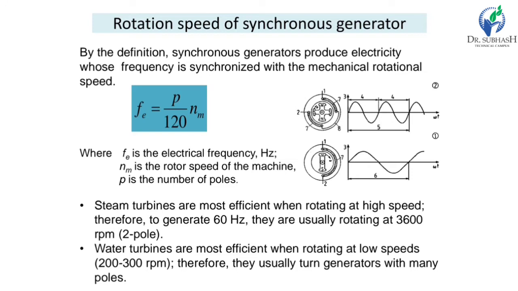The speed given by this equation is called the synchronous speed Ns. The machine which runs at the synchronous speed is called a synchronous machine.